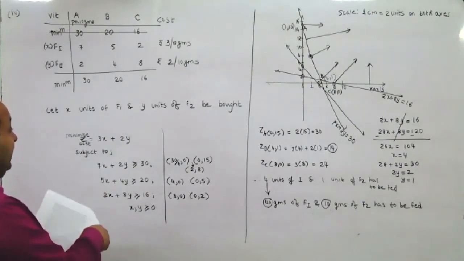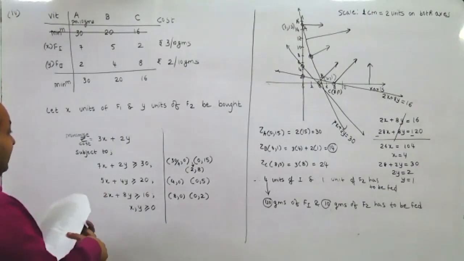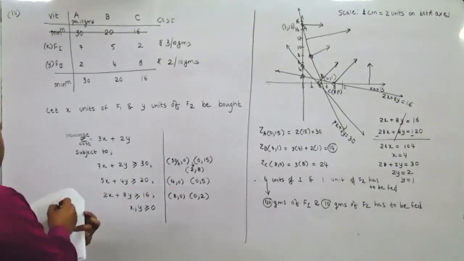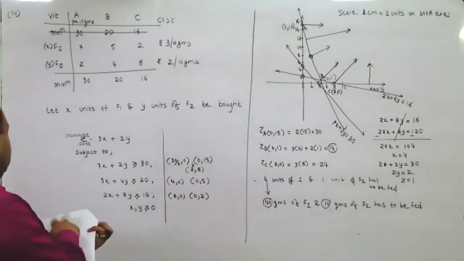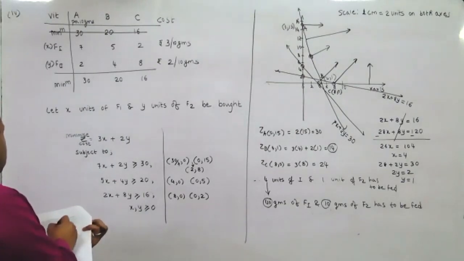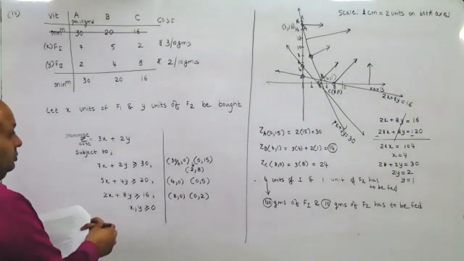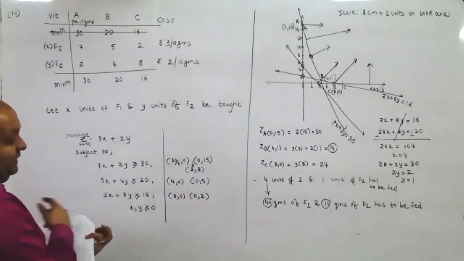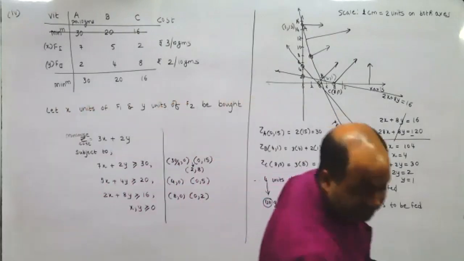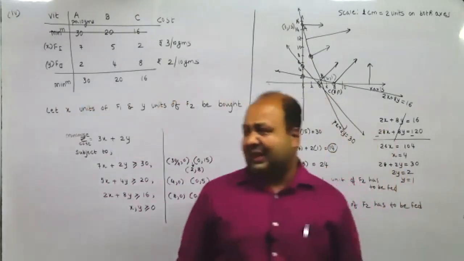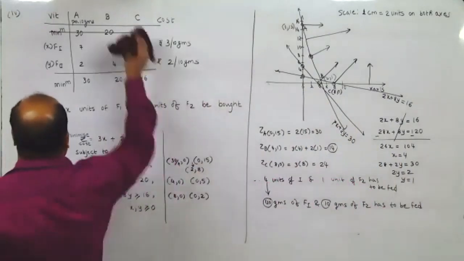They haven't asked you how many units of F1 and F2 have to be fed. Four and one they have given, right? And 14. Yes, sir. So that is same as the answer that we have got, but it should be in grams.